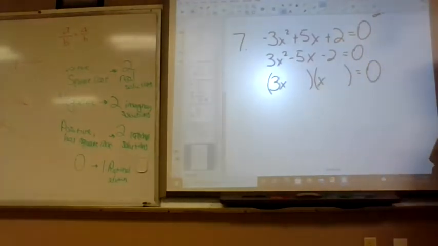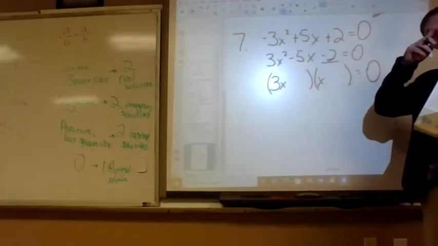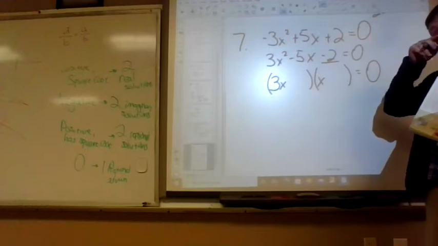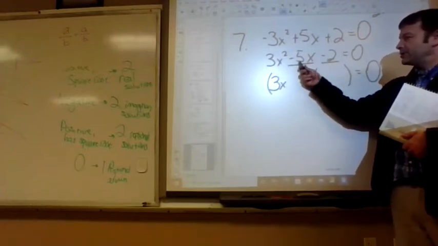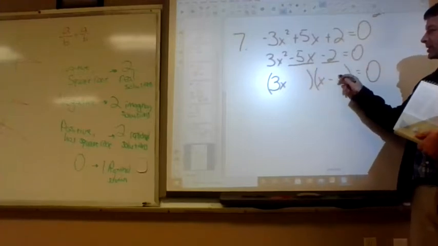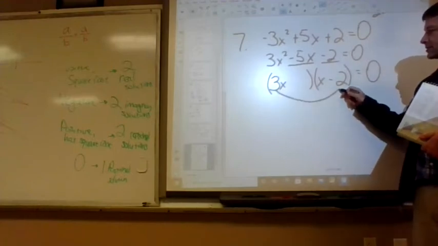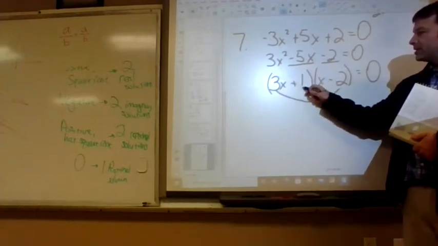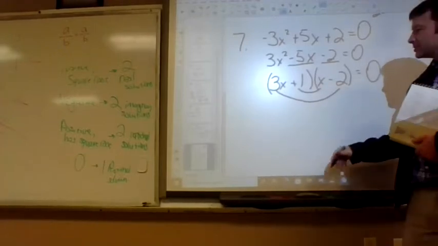Then what goes into negative 2 for the back? Negative 1 and 2, or negative 2 and 1. When I FOIL it, I want the outside and inside to give me negative 5. If I put the negative 2 out here, that gives me negative 6, and the plus 1 right here gives me negative 6 plus 1, negative 5. That's right.